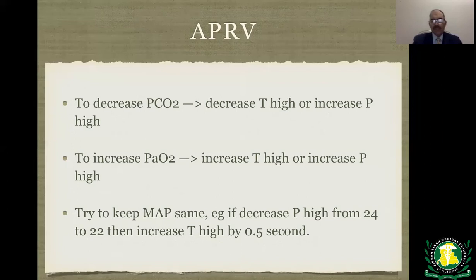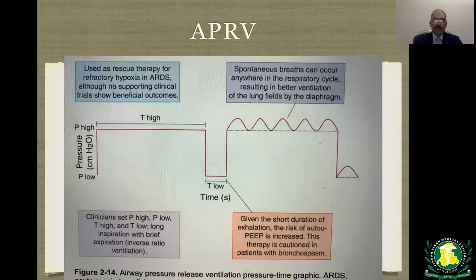For example, if you decrease higher pressure from 24 to 22, then increase your time for higher pressure by 0.5 seconds. As you can see in this diagram, the time for higher pressure is long, while the time for the lower pressure is very small. And the patient can breathe spontaneously on both pressures.